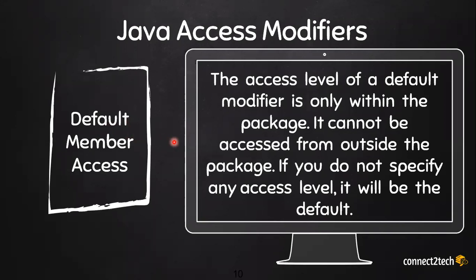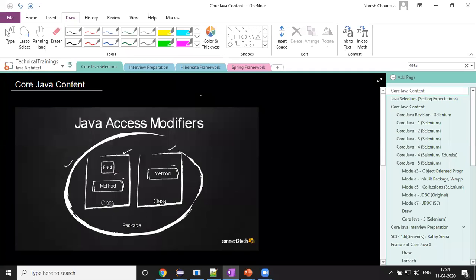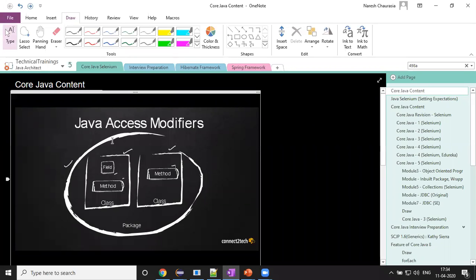Conventionally, it is also known as package access modifier. When you don't specify anything, it becomes a package access modifier. The reason it is package access modifier is because it is accessible or visible within this entire package, which I'll explain with an example shortly.